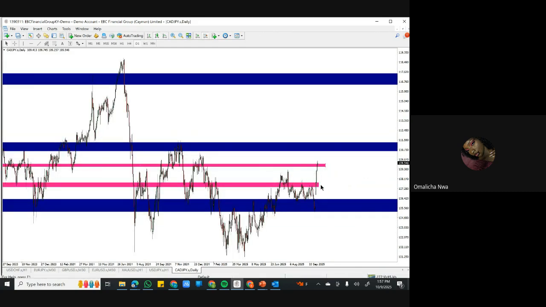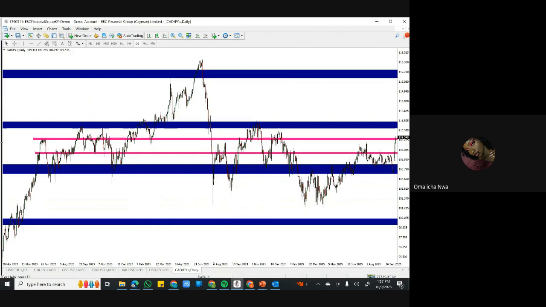If it breaks above a resistance, next time price comes to that place, it will become a support. If it is a support that price breaks, the next time price comes there, it becomes what we call a resistance. So they kind of work hand in hand. Do you understand? So now you can see our pink line in between.